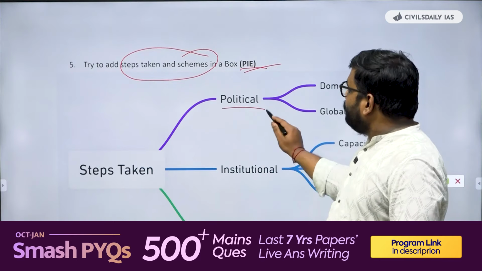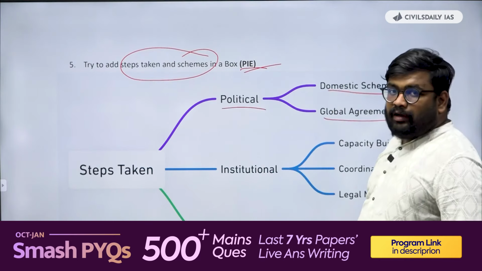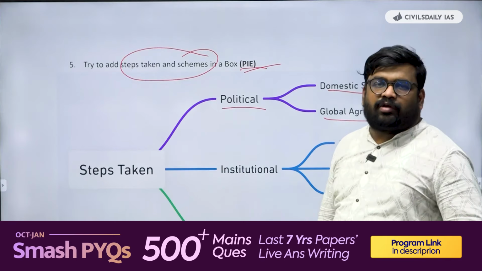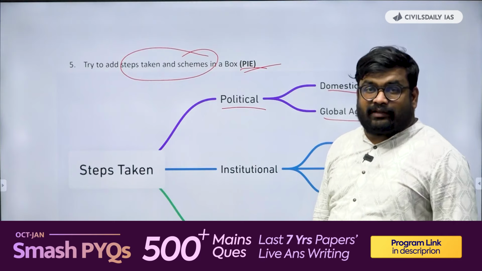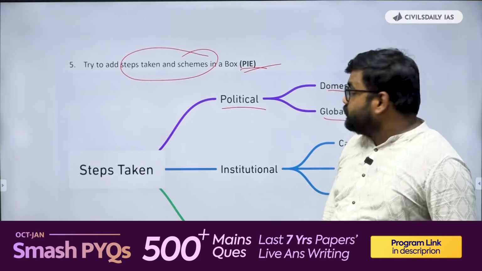So the political, that is the domestic schemes, and the global agreements. For example, with respect to cyber security, you have the Cyber Swachhata Kendras at domestic level. At international, you have the Budapest Convention.